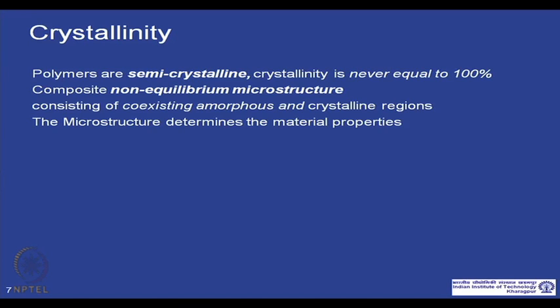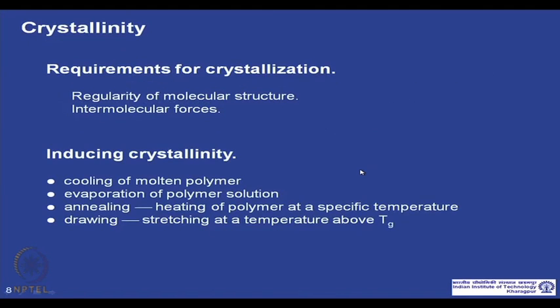So, the size of the crystallites, the dimension and shape of the crystalline regions, as well as the fraction of the entire material which is crystallized, all depend on several factors. So, finally, whatever semi crystalline material we have is a non-equilibrium microstructure, and in a semi crystalline material there is coexistence of amorphous and crystalline regions, and this microstructure actually determines the material property.